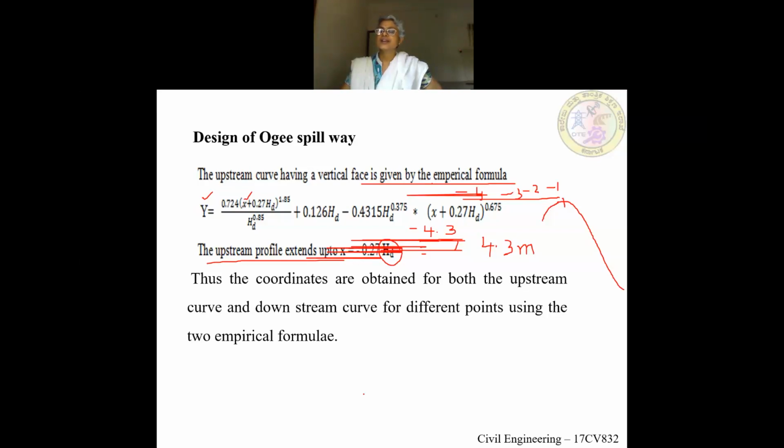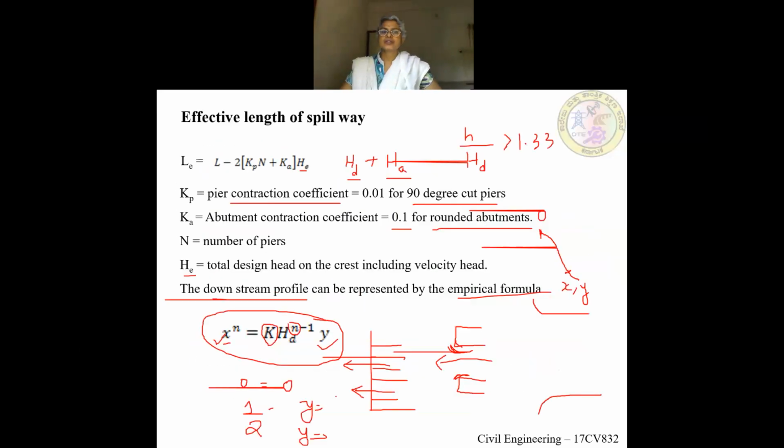Once you get that, there is a formula for calculating the length of the spillway, which depends upon the coefficients Kp and Ka. They are the pier contraction coefficient and abutment contraction coefficient, depending on whether they are rounded ends or 90-degree cut ends.